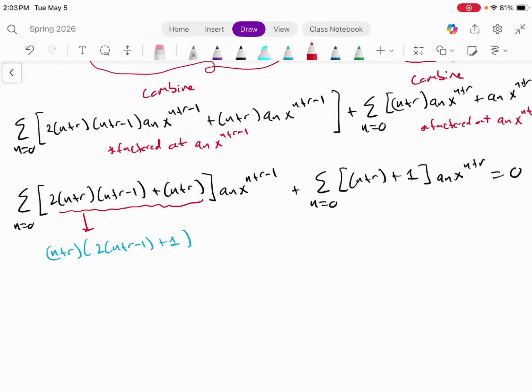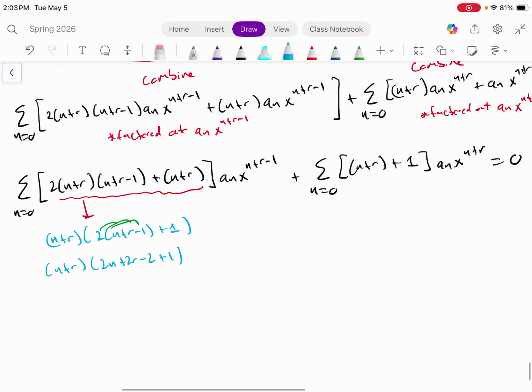So, we want to simplify this. So I'm distributing the 2 here. So it'll be n plus r times 2n plus 2r minus 2 plus 1. And so negative 2 plus 1 is just negative 1. So what I'm left with is n plus r times 2n plus 2r minus 1.